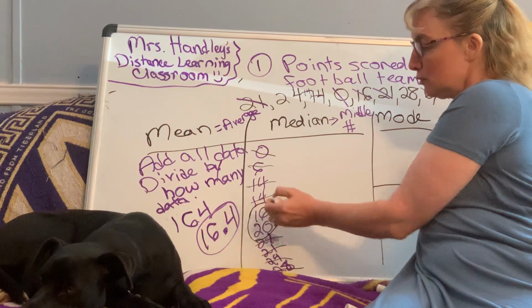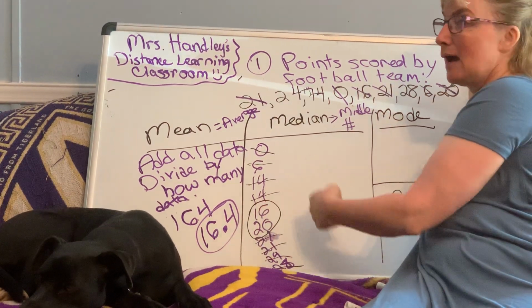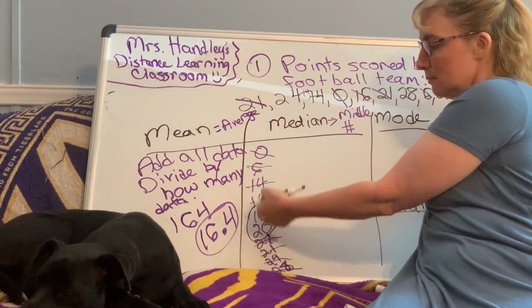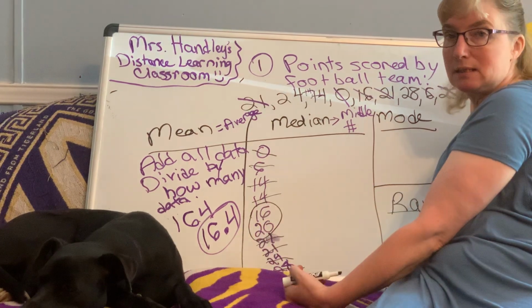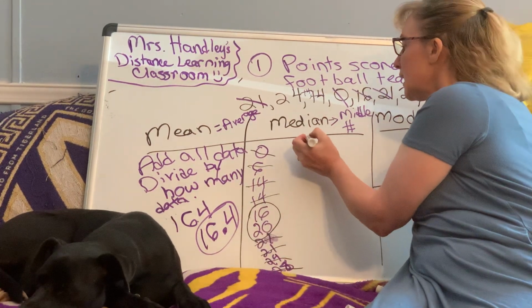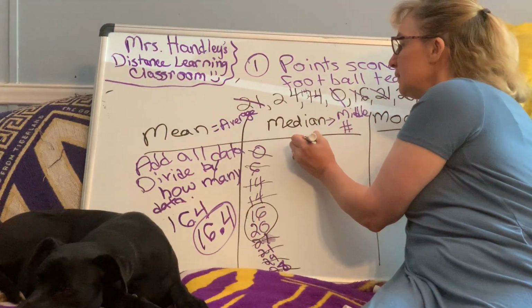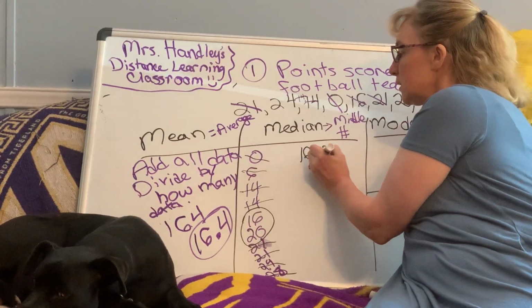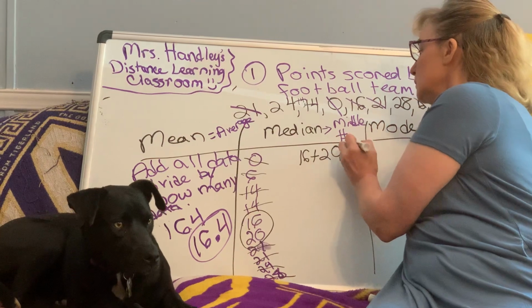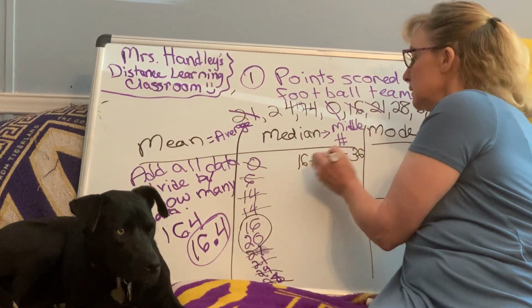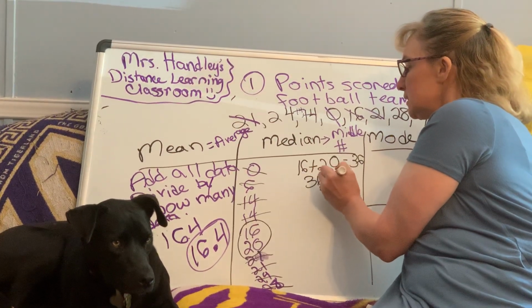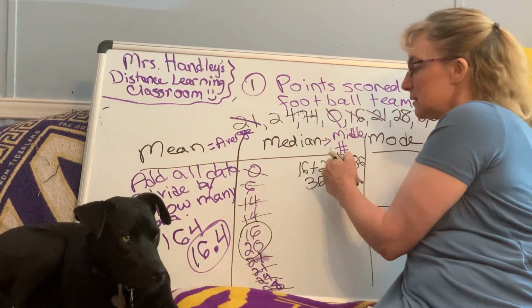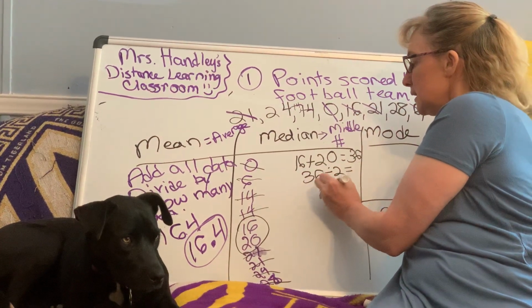But if you have two like we do, now we have to find what number comes exactly between 16 and 20. And the easiest way to do that is to find the average. So we're going to do 16 plus 20 equals 36. And then we're going to divide 36 divided by 2, because that's all I added, is 18.